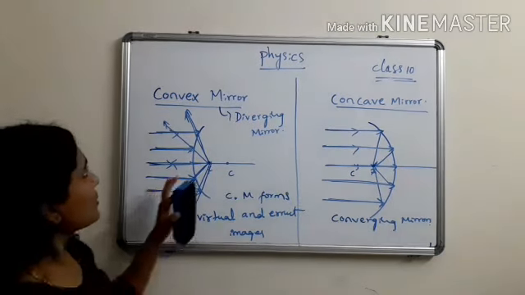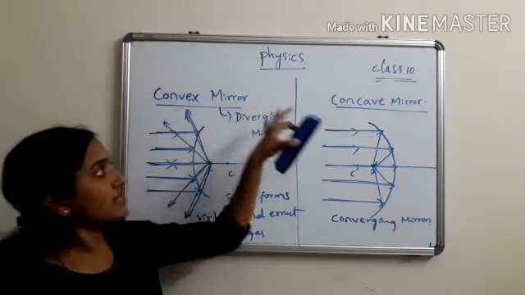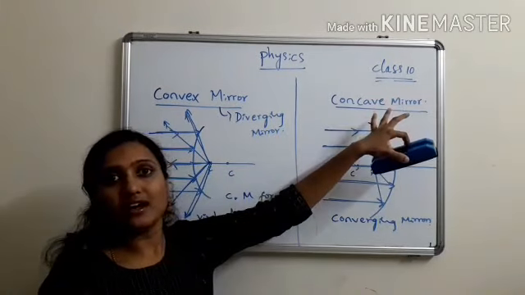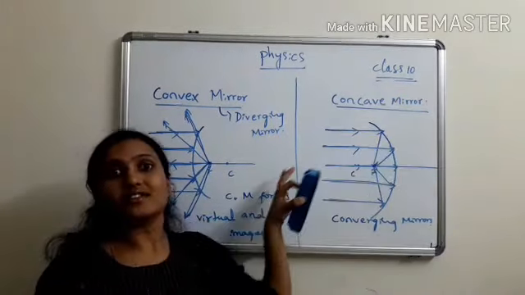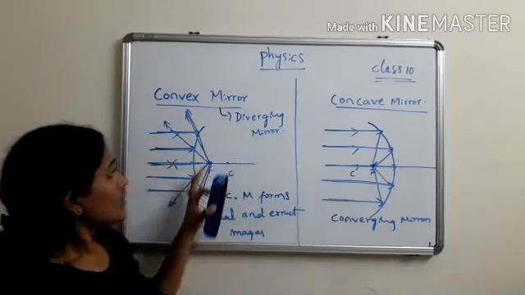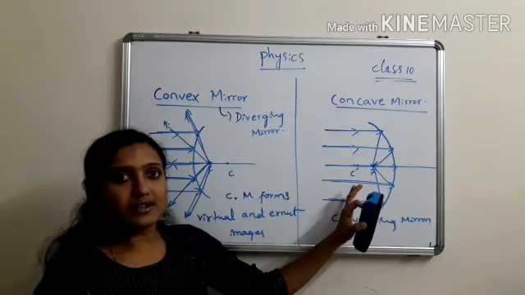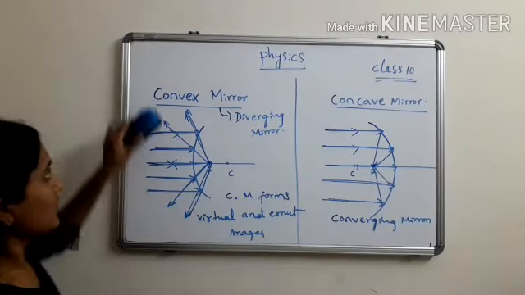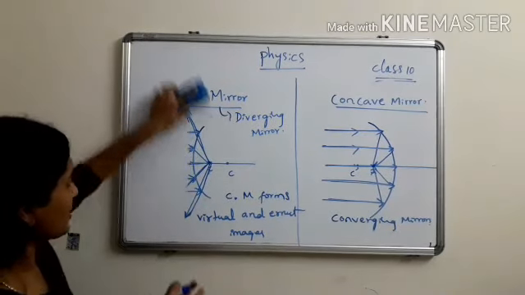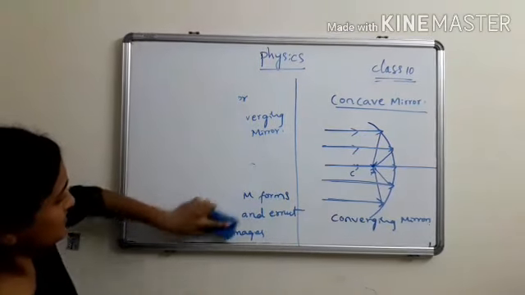Okay, after looking at the convex mirror and concave mirror, and how the light reflects on these spherical mirrors, let's look at what reflection is. We are going to the definition according to your textbook.